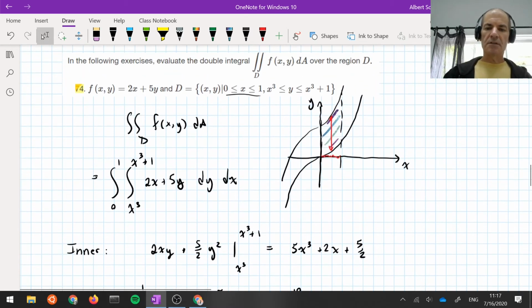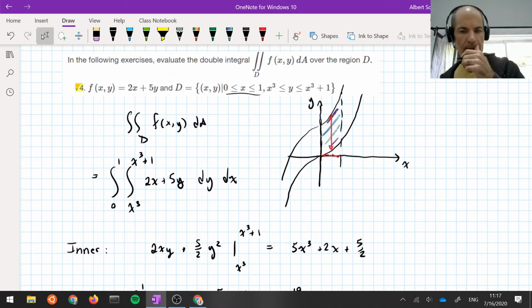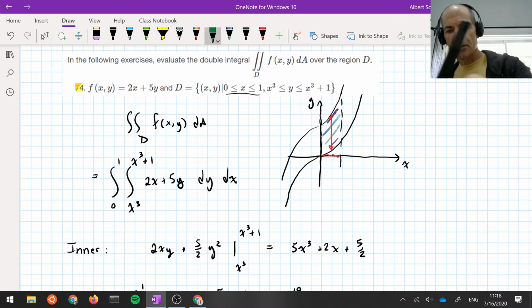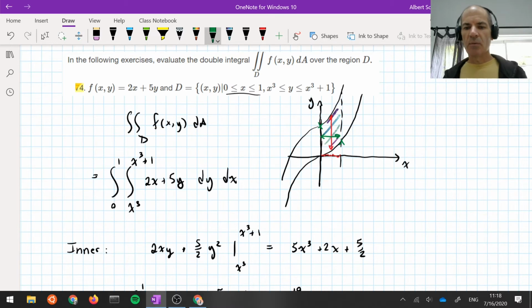It would be hard to do this in the other direction, and that's because if we go in the other direction, say this way, we're going to encounter issues here and here where the left and right curve change their definition. Doesn't mean we couldn't do it.